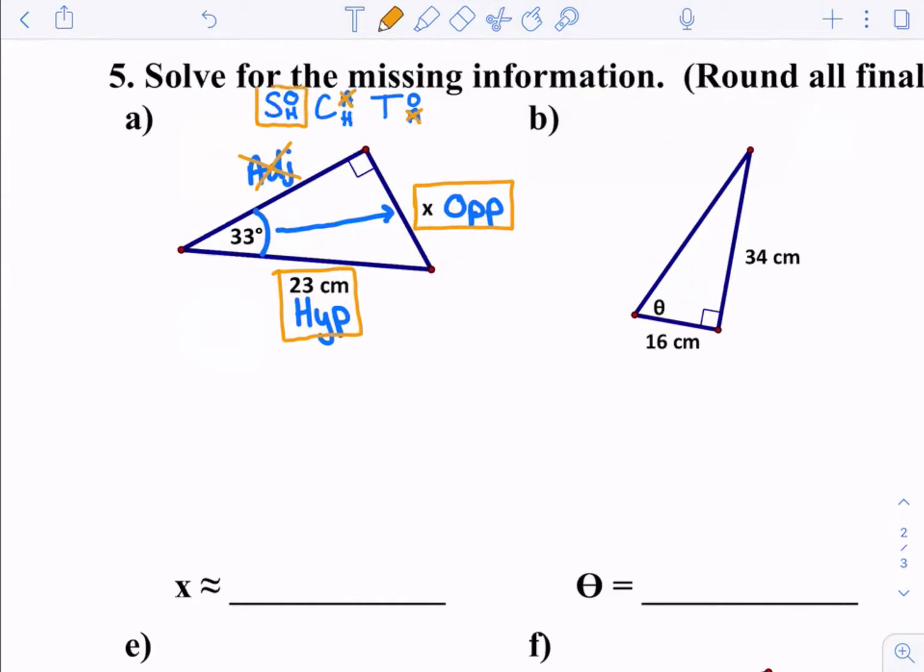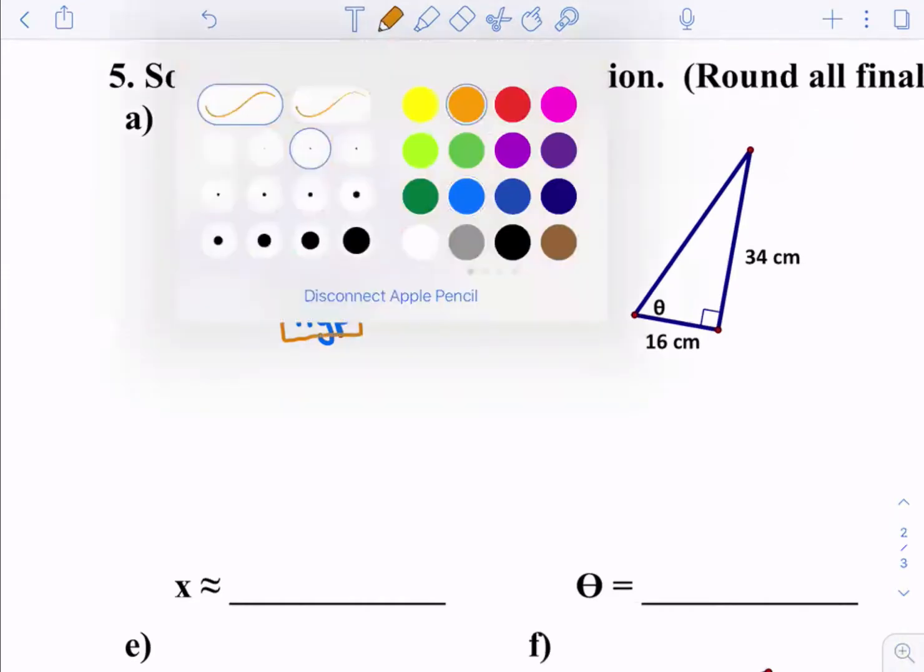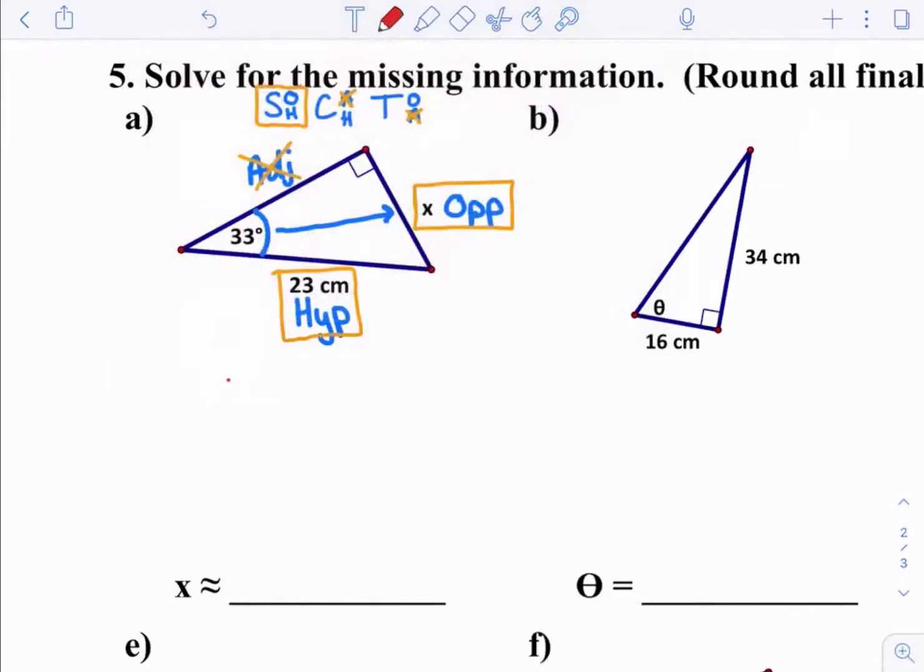So really, we have to use sine here. That's how I know which one I'm going to use. Now, the equation, sine of the angle equals the opposite over the hypotenuse. Look how easily I can set that up.